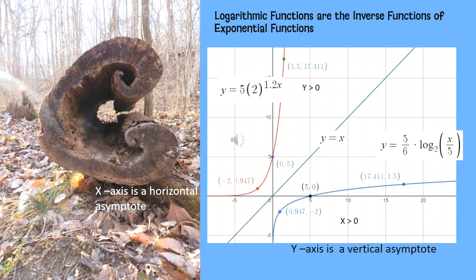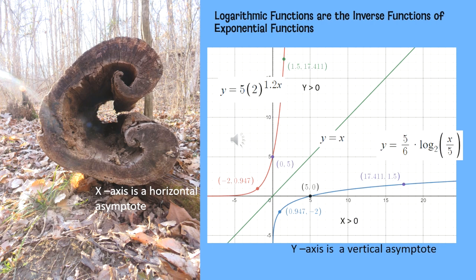The more negative the x value, the smaller and smaller the value of the exponential function would be. And so the exponential function, as x becomes a more and more negative number, levels off near 0. So it skims along the x-axis. It almost gets equal to 0, but not quite. So the x-axis is a horizontal asymptote for the exponential function.